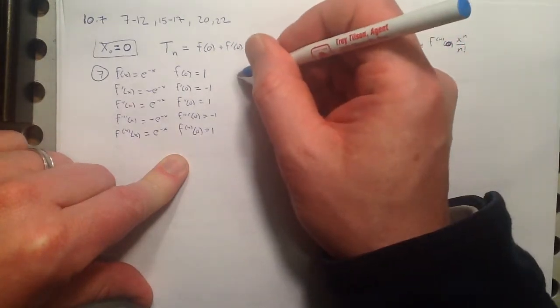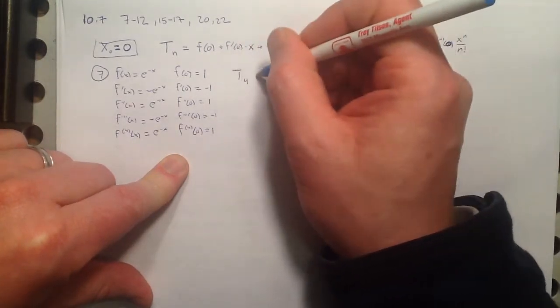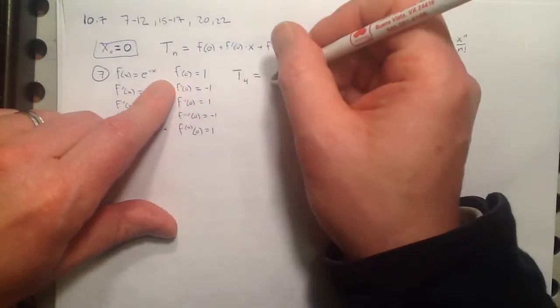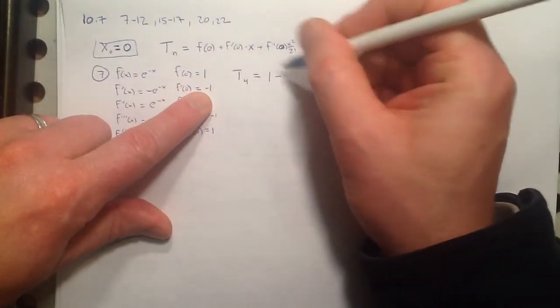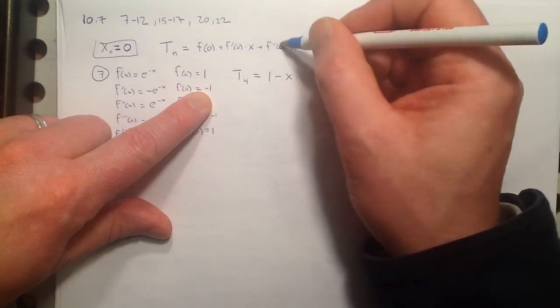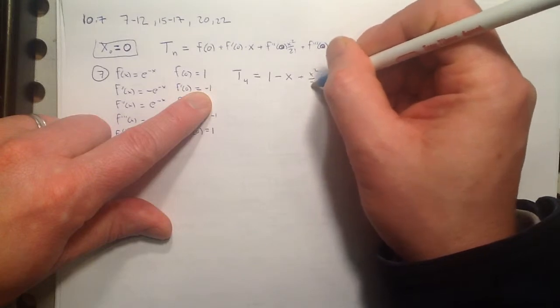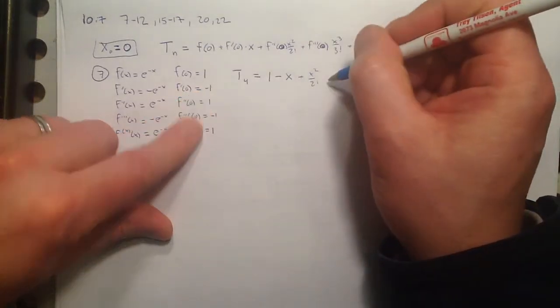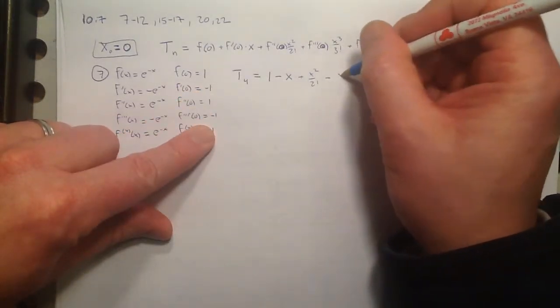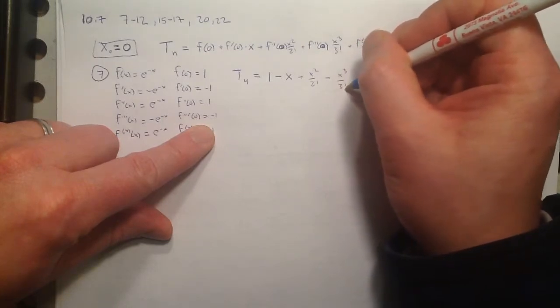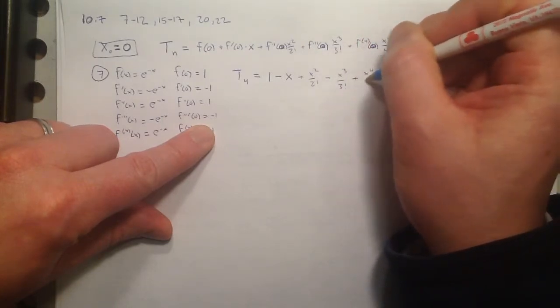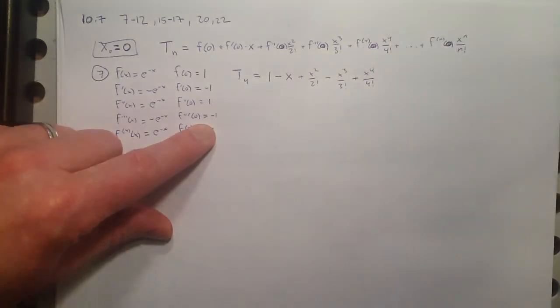So the fourth Taylor polynomial would be 1, and this is negative 1, so that'd be minus x, and this is positive 1, so it'd be plus x squared over 2 factorial, and then this is negative 1, so minus x cubed over 3 factorial plus x to the 4th over 4 factorial.